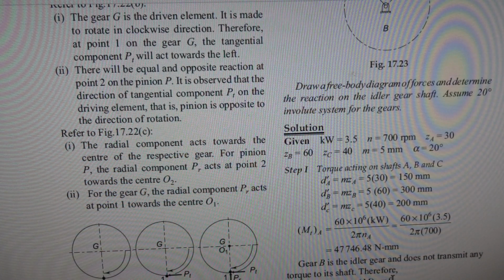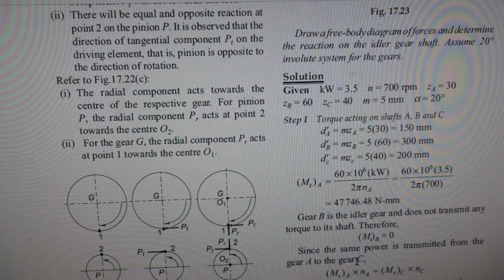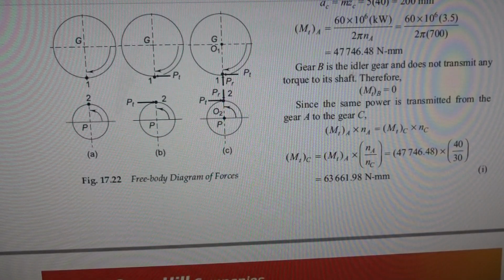Therefore MTB is equal to 0, because the idler gear does not transmit any power to the shaft. Since the same power is transmitted from gear A to C, MTA into NA is equal to MTC into NC. So MTC is equal to MTA into NA by NC, and this is in Newton meter.